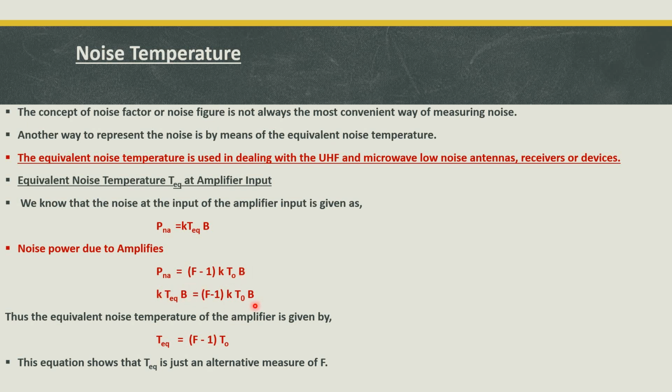So both are equated, then the common terms are removed. The final equation is T equivalent equal to F minus 1 T0. This equation shows that T equivalent is just an alternative measure of F, the noise factor. By using noise factor, we are able to calculate the equivalent noise temperature.